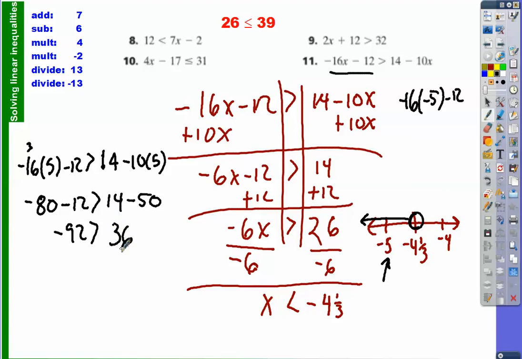And the answer is no, because I didn't put the negative here. Oops. So negative 16 times negative 5 is positive 80.